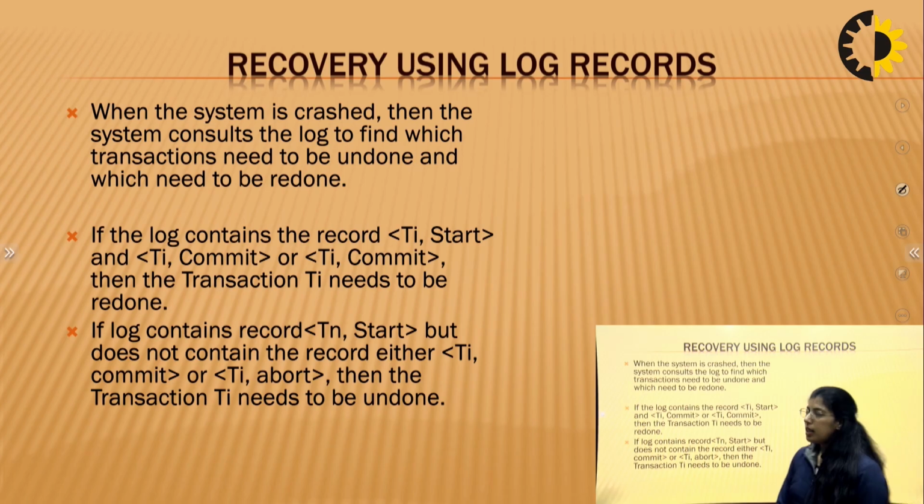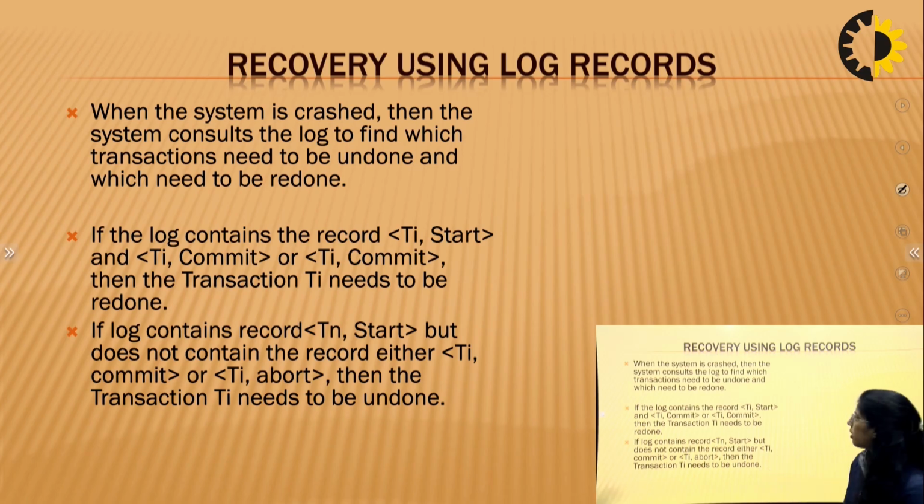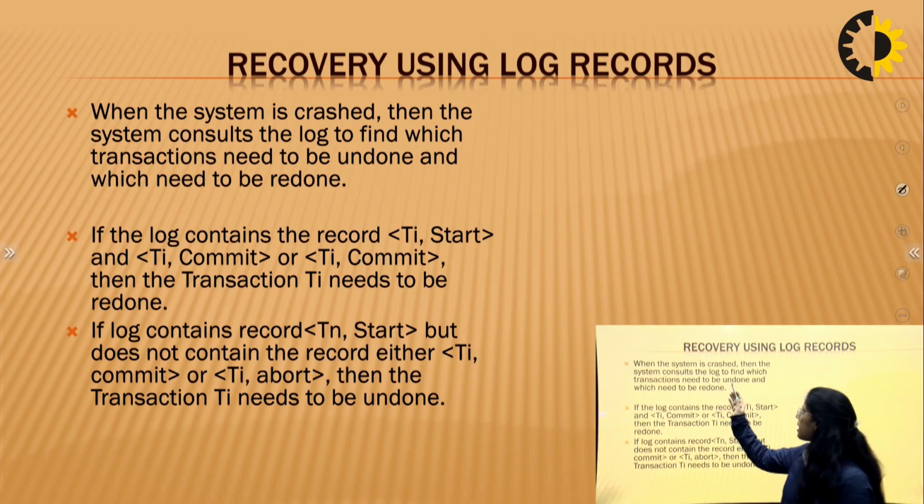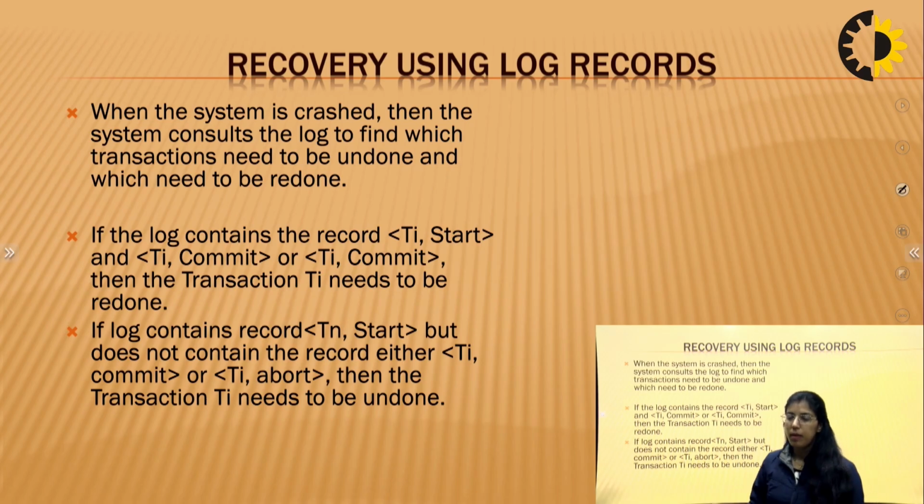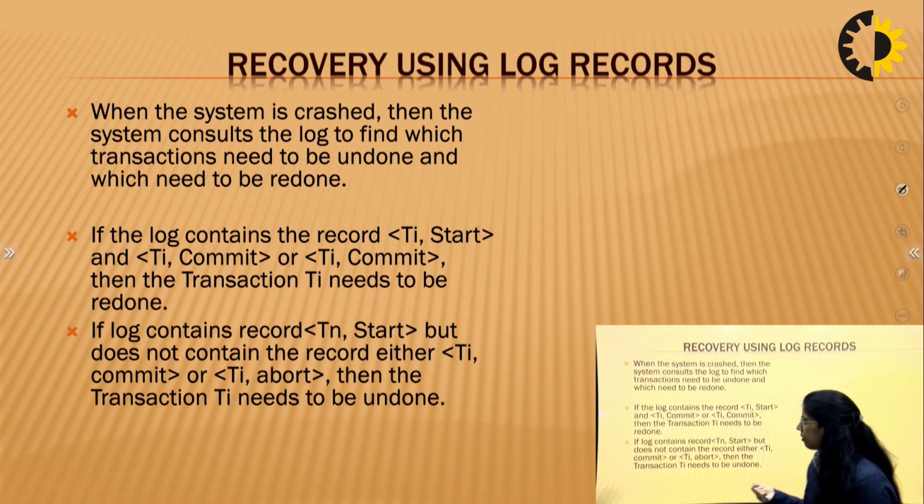Now, second is recovery using log records. When the system is crashed, then the system consults the log to find which transaction needs to be undone. If there is no commit statement in the log, then the transaction is undone. If the system finds the commit statement in the log record, then that particular transaction needs to be redone.